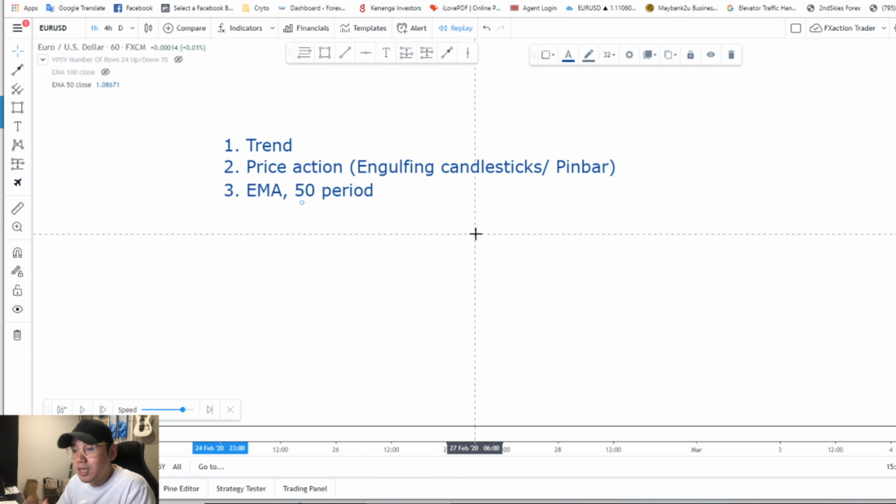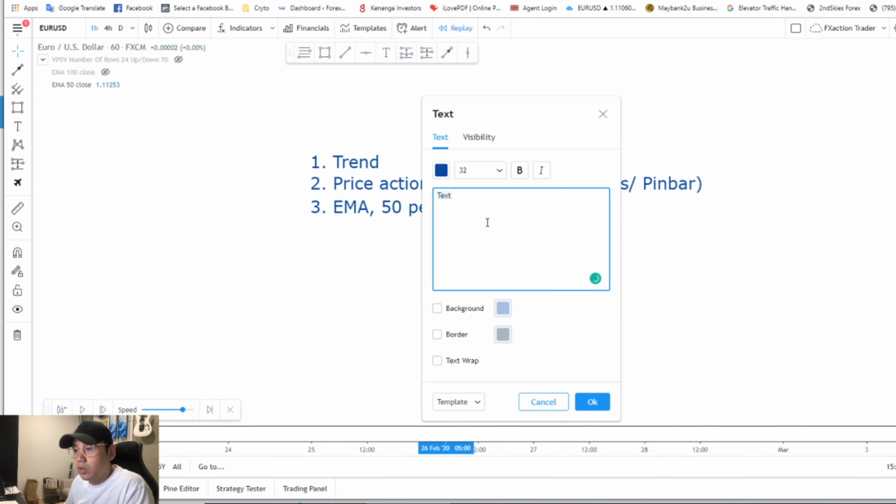So the EMA is a dynamic support and resistance, meaning that the EMA is also like an SNR, which always moves according to the market reaction and also the price movement. So when the market is above EMA 50, we look for buy.